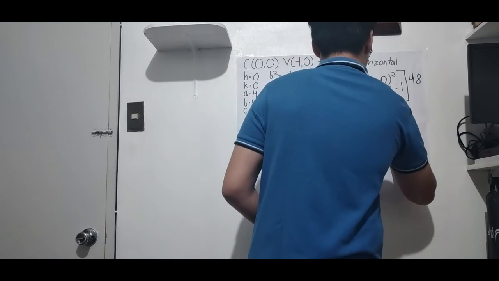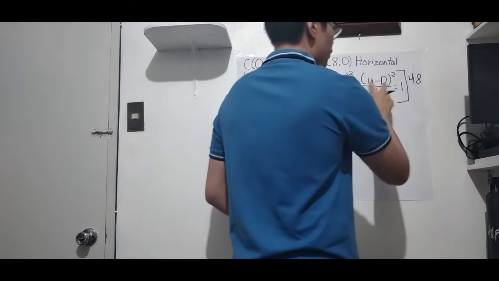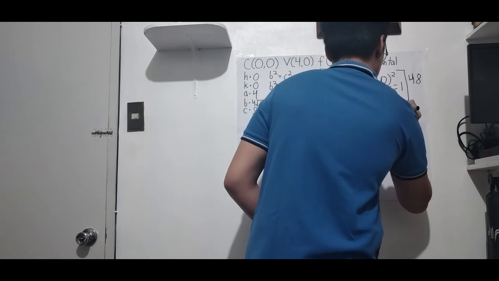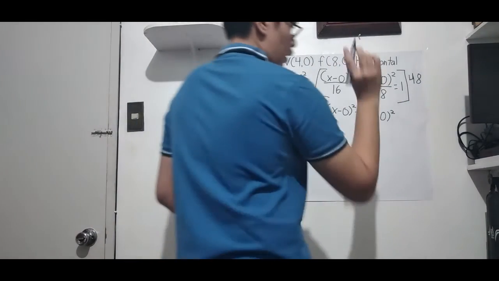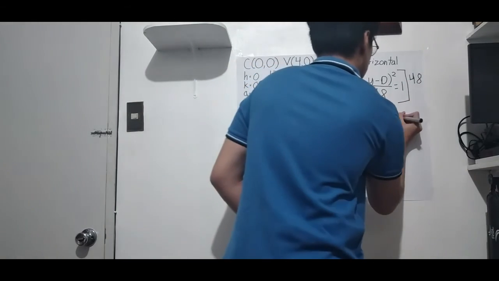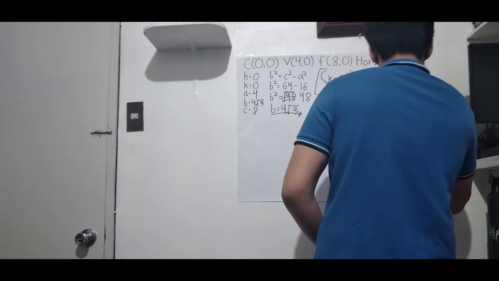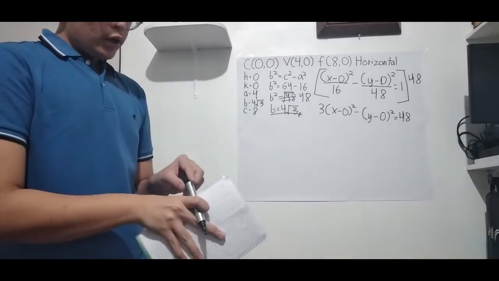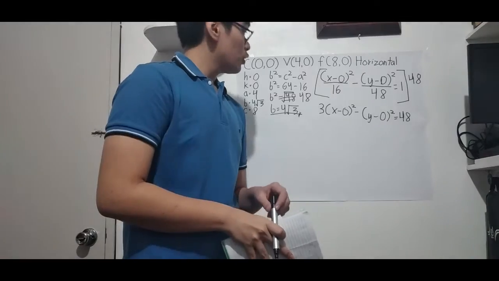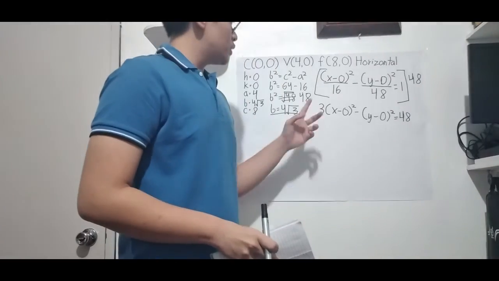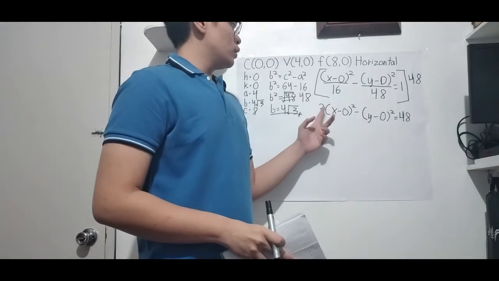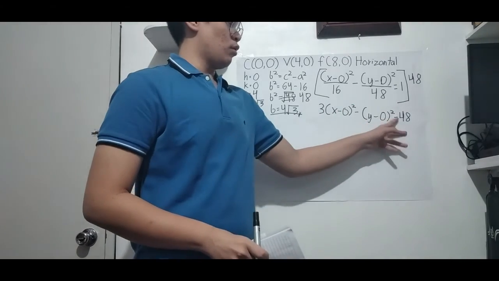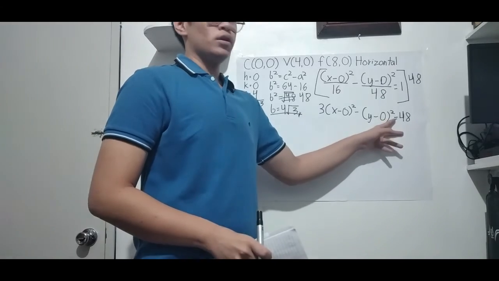Just copy this: y minus 0 squared. Don't forget the 48 on the right, equals 48. We are near to finding our general equation. We just have to distribute the 3 to x minus 0 squared, and the 1 to y minus 0 squared, equals 48.